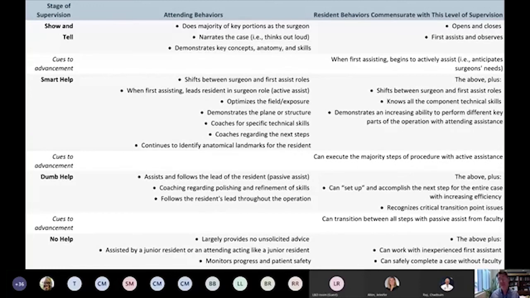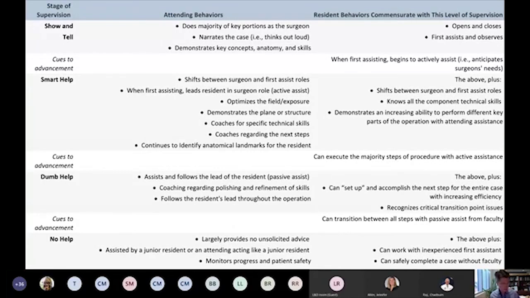And if it's made explicit, then oftentimes residents and learners will automatically start thinking aloud or explaining the rationale for why they're doing something without you even having to prompt, because they know that by doing that, you're more likely to move farther down in offering them more autonomy in what they're doing. So this may be an article that's worth going back to and discussing amongst your group.